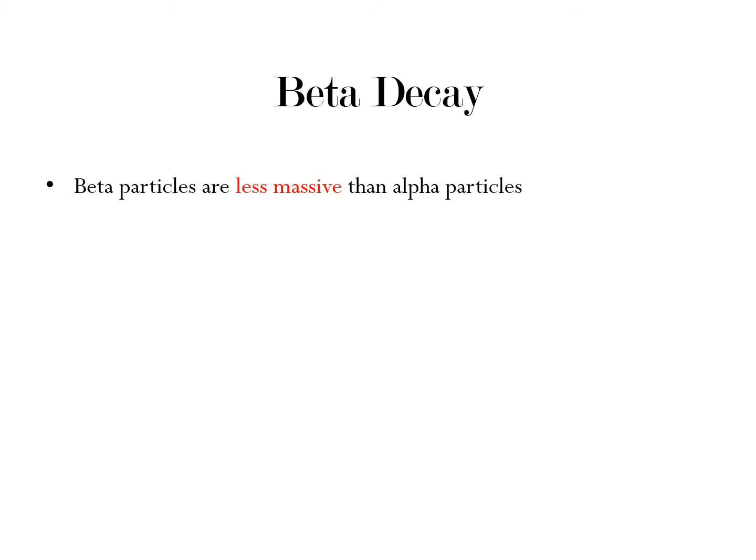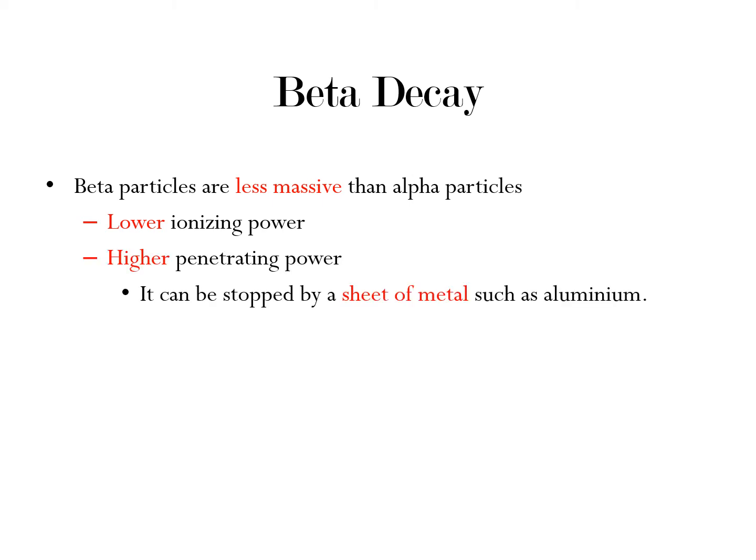Beta particles are less massive than alpha particles, so they have lower ionizing power and higher penetrating power. However, they can be stopped by a sheet of metal such as aluminium.